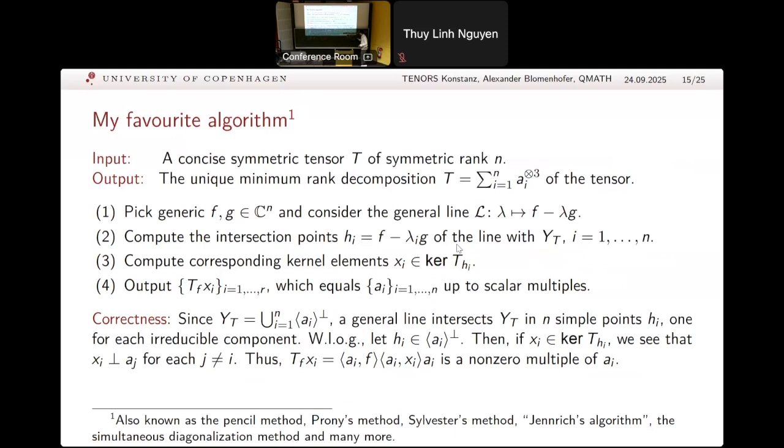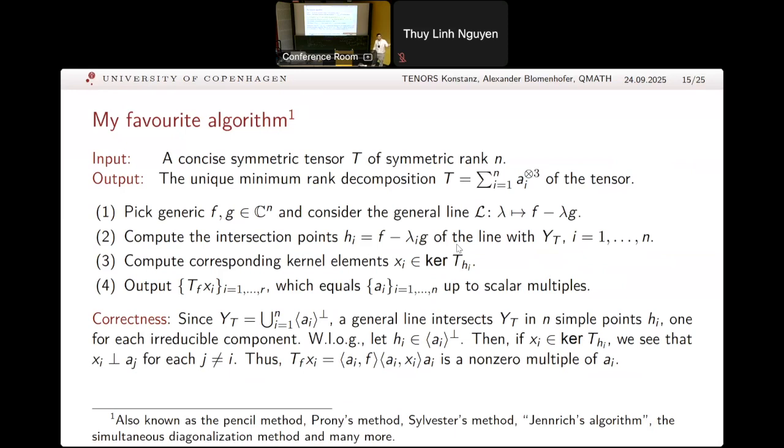And if you work it out, this is the sum over i equals 2 to n of a_i(h_1) times x_1 a_i times a_i, and the a_i are all linearly independent, so it follows that these things all have to be 0. So basically it follows that x must be perpendicular to a_j for each j which is not 1. So basically we have computed a vector which kills everything except for a_1.